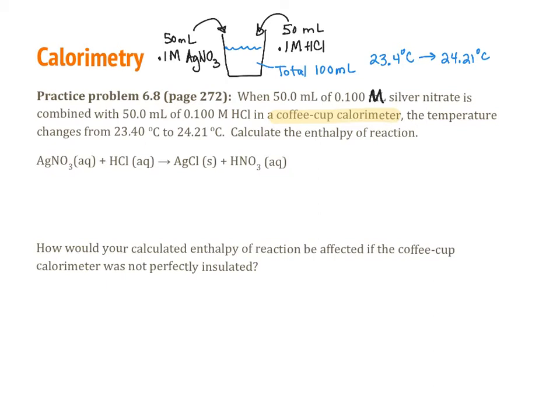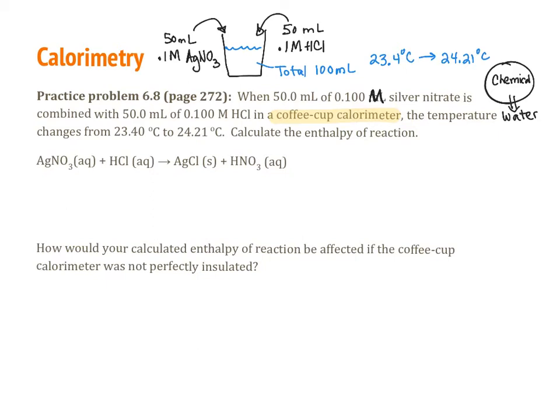So when I've got a temperature change and it's related to either a reaction or a dissolving process, thinking about the system is a little bit more sophisticated. We want to think about our system as the chemicals that are reacting. So in this case, the silver nitrate and the hydrochloric acid, and even though they are dissolved in water, the water is also really the surroundings.